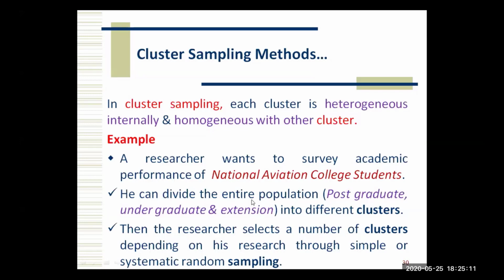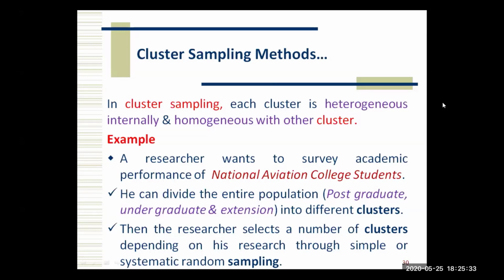Therefore, in this case, the formation of clusters will allow you to divide the total number of students into 3 possible clusters. Cluster 1, postgraduate students. Cluster 2, undergraduate students.